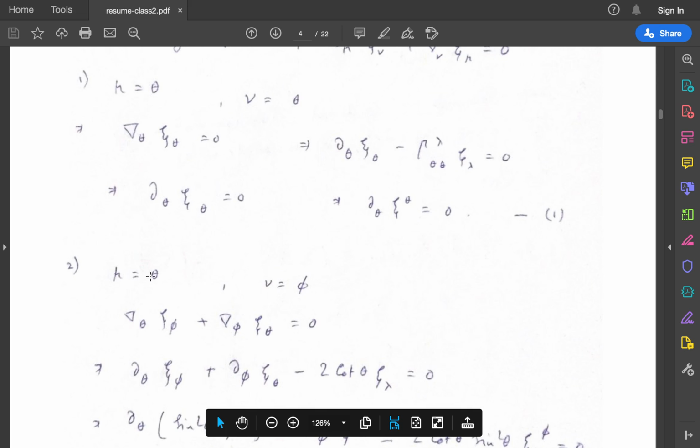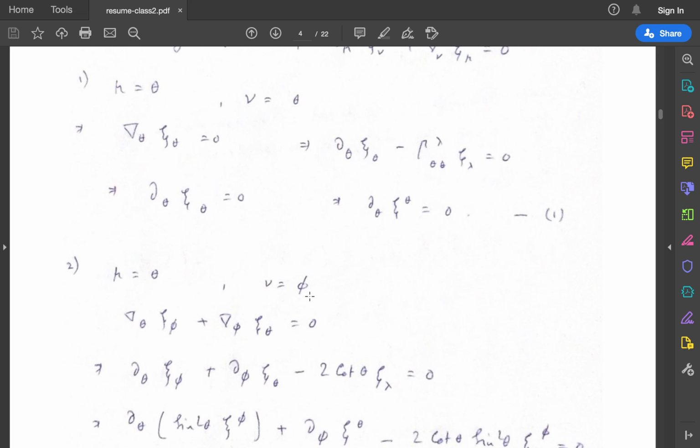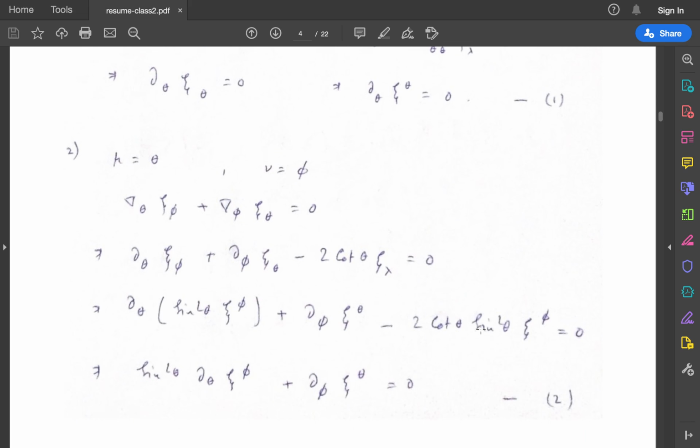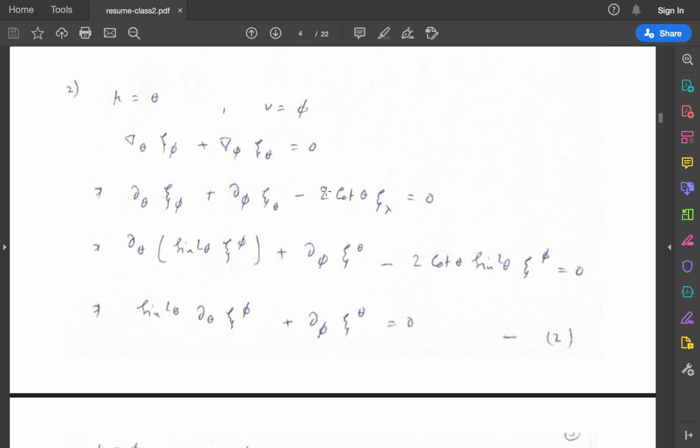Now let us assume that mu equal to theta and nu equal to phi. If I assume this, then the Killing equation is written as grad theta zeta phi plus grad phi zeta theta equal to 0. Now if I expand this in terms of the partial derivative and the Christoffel symbols, and if I write explicitly the Christoffel symbols, I will get this equation where lambda can be both theta and phi.